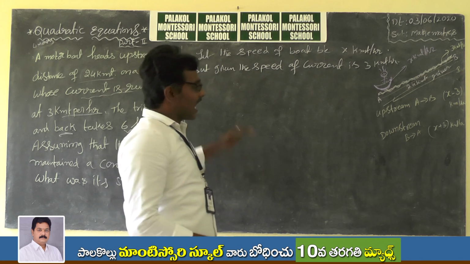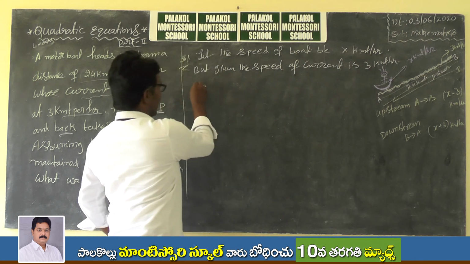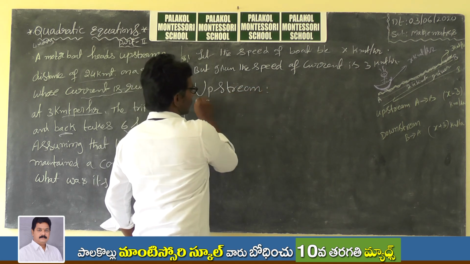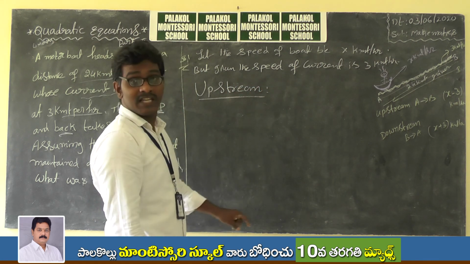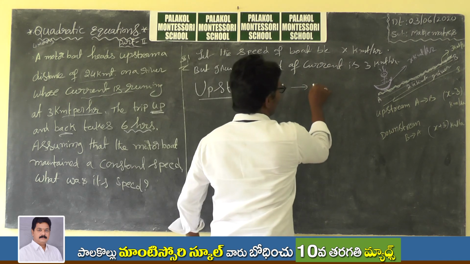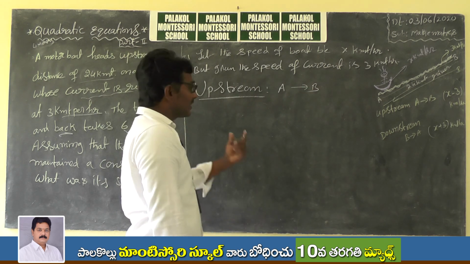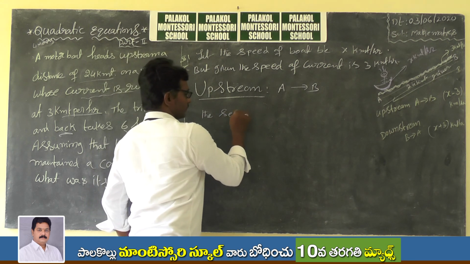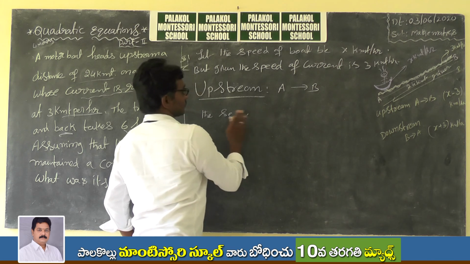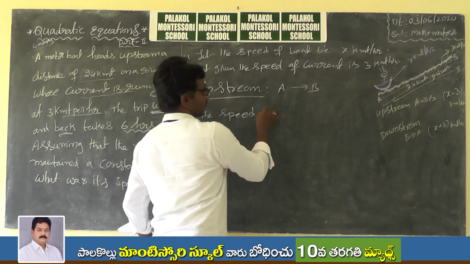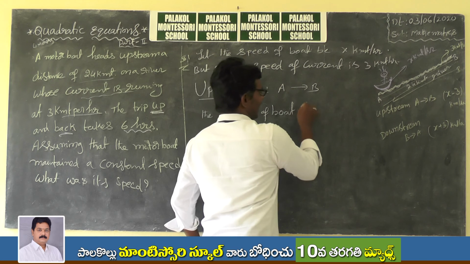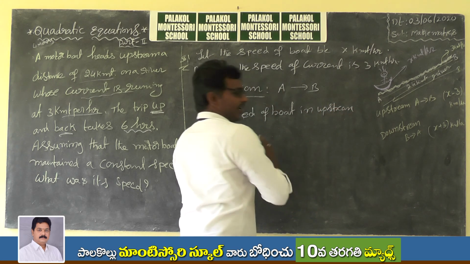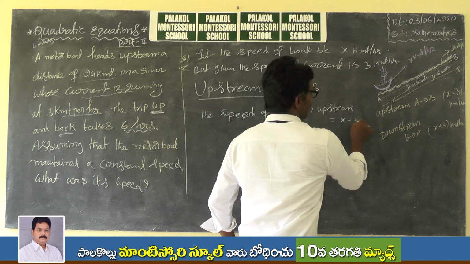Now I calculate the upstream. So in this situation, upstream means this moves A to B. At that time you write the speed of the boat in upstream, that means A to B, is equal to x minus 3 kilometers per hour.